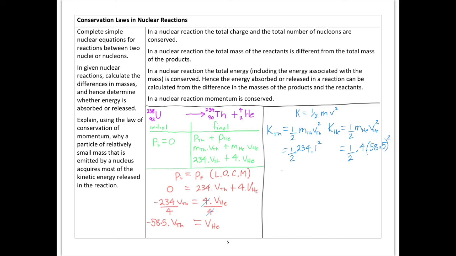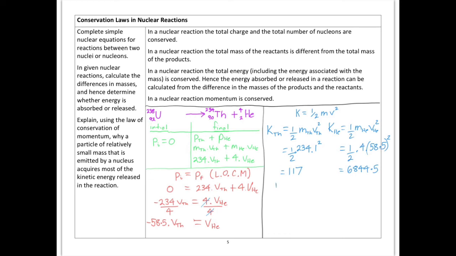squared. So if we work that out, the kinetic energy of the thorium in this case is 117, and the kinetic energy of the helium works out to be 6,844.5.